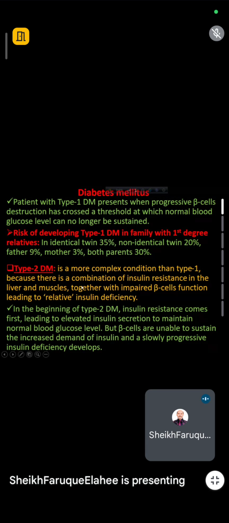Why does type 2 diabetes occur? I told you that there is enough insulin in the body, so he should not have diabetes, but still he has diabetes. Why? Because his tissues, the muscle tissue or liver and other tissues, are resistant to the action of insulin. Like an antibiotic: say somebody has tonsillitis, they give penicillin, and it has a very nice action.